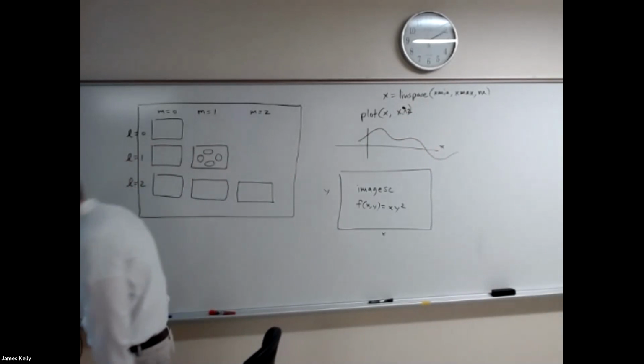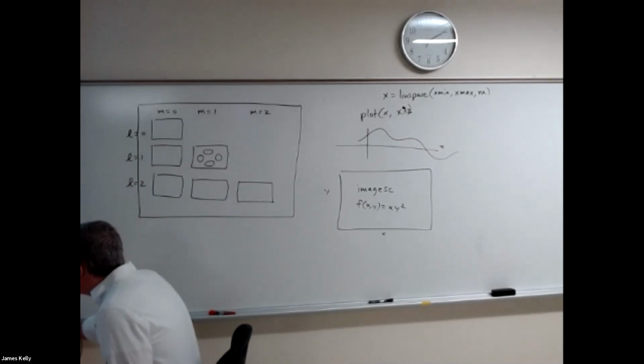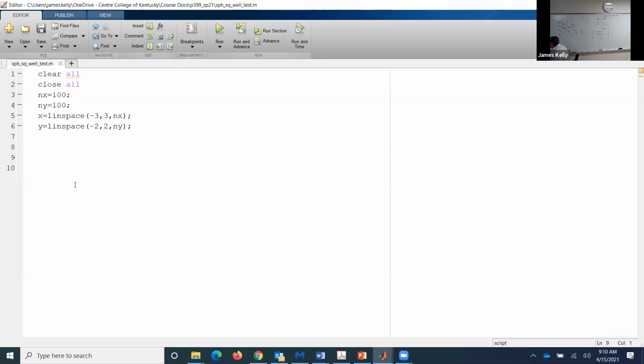Sure, show my screen up here. So I'm going to define the number of X points I'll have, number of Y points, and I'm going to use a linspace to define the vector of X values.